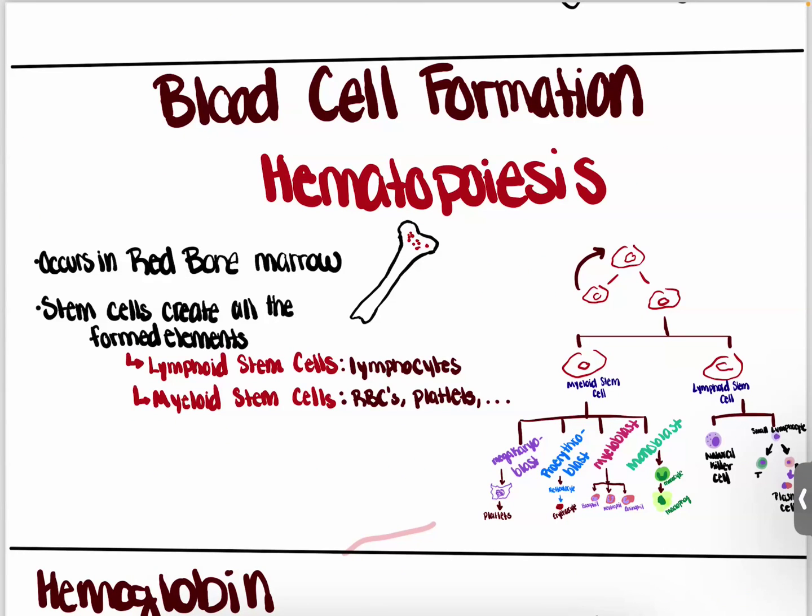Over here, you can see my little depiction in the middle of a long bone. So, for example, the femur, the humerus, any of those classic bones you think of, fibula, tibia, in the head of the bone, they have this spongy part, which is also called trabecular bone. And this contains the red bone marrow where this hematopoiesis occurs.